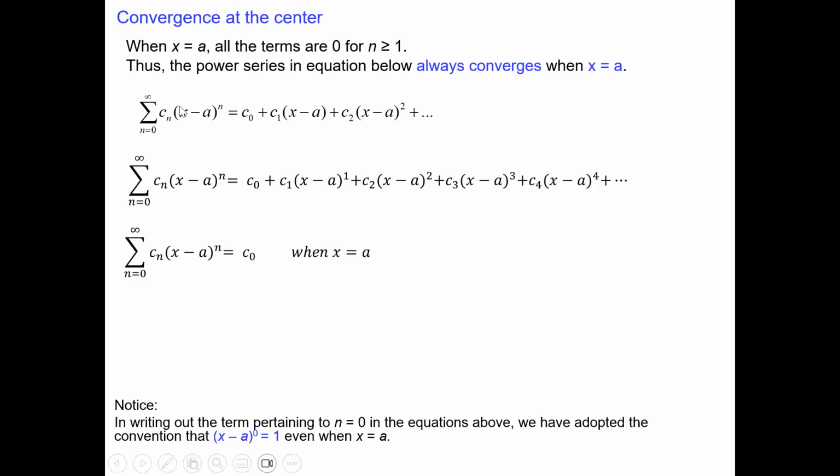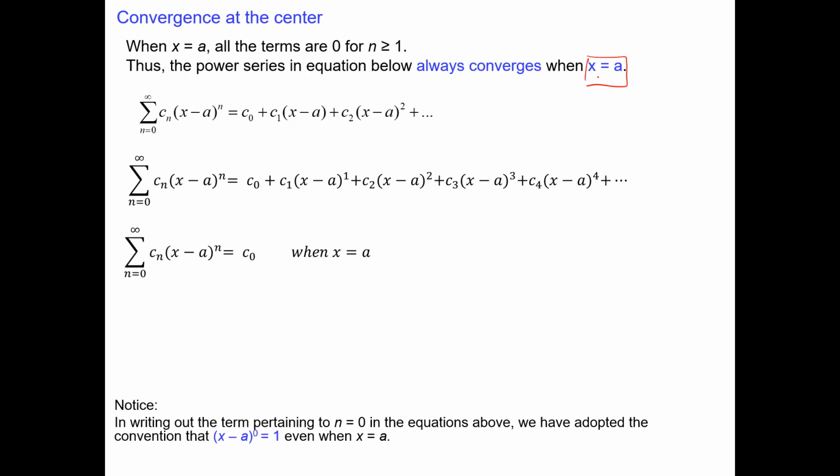For instance, this is actually the same thing, just the expanded form. The second line is just longer. When we take the power series, the most general form, the center is a. And what actually happens if the variable x is exactly equal to the center, when x is a?